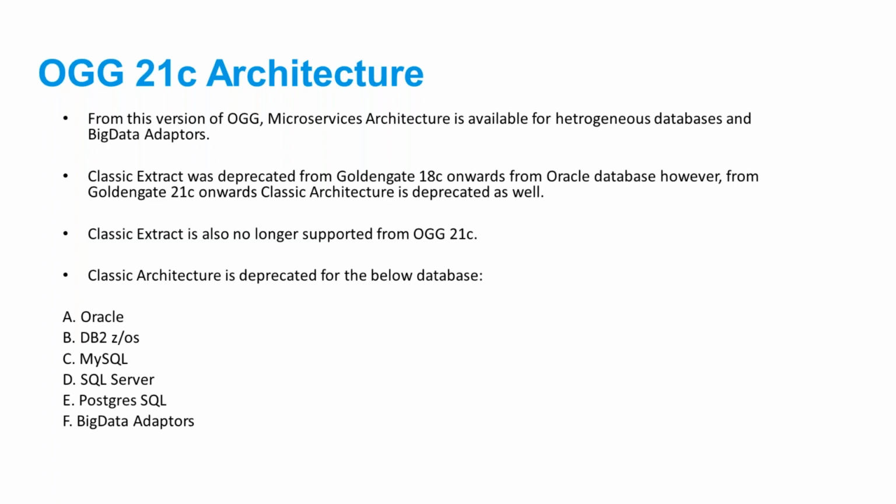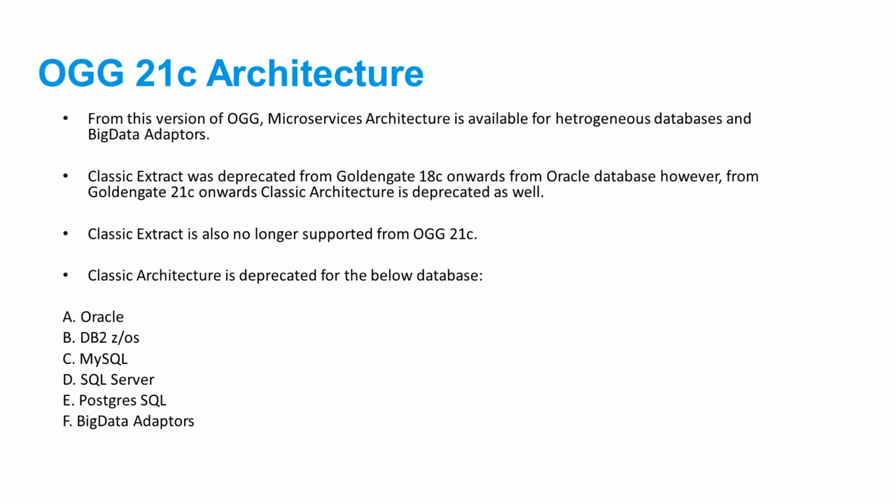So now classic extract. If you know about the different types of extract and replicat available, from GoldenGate version 18c onwards, classic extract was deprecated. However, from GoldenGate 21c onwards, classic architecture is deprecated as well. Guys, remember, it's not desupported, it's just deprecated. So from GoldenGate 21c onwards, classic architecture is deprecated.